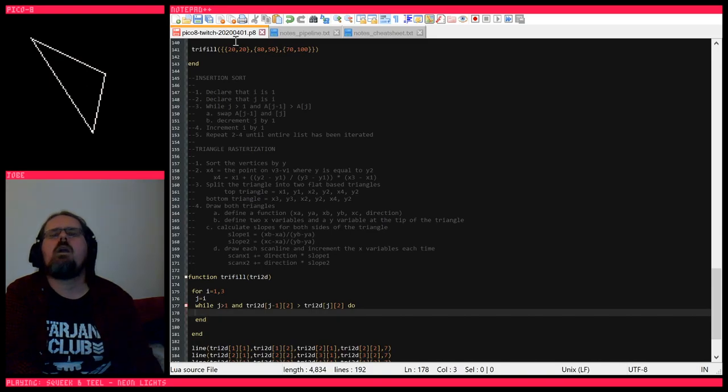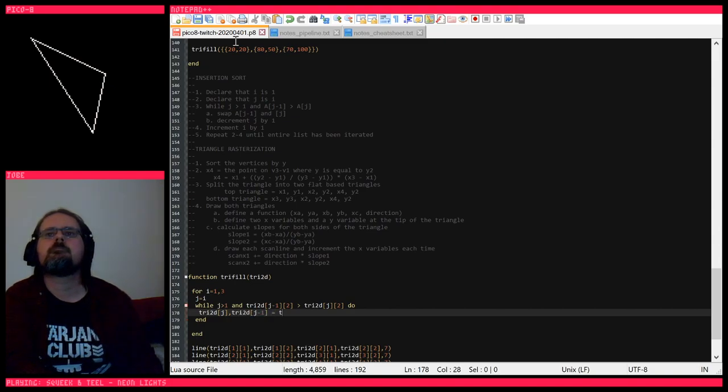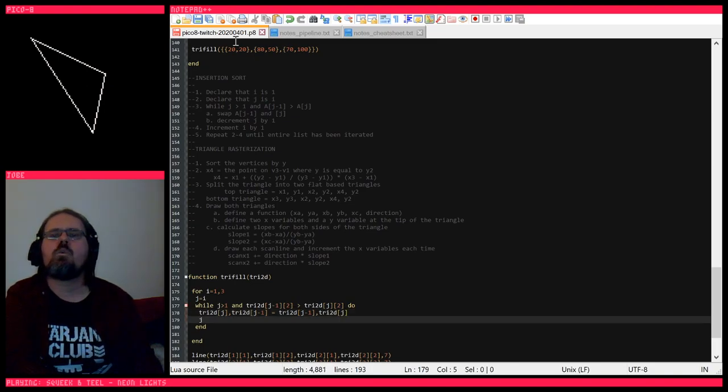So while these are true, we swap the two entries like that, and we decrease j by 1.